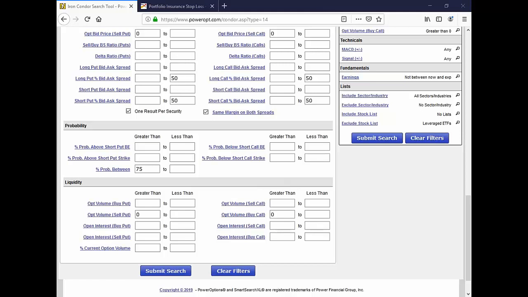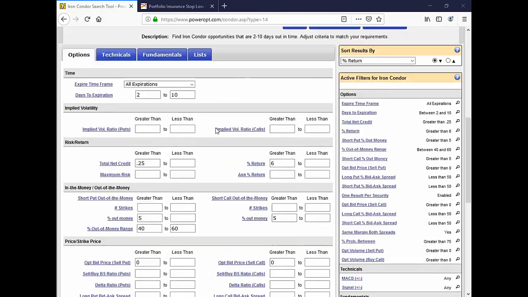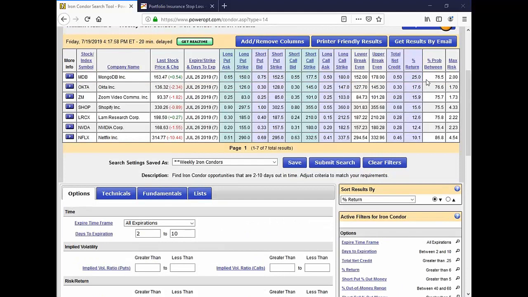So the first thing we have to address, Joe, and you can do this on the side, is to say to yourself, what are your goals for the Iron Condor and what is likely? I don't mean likely. What I really mean is what is practical. So for example, we pull up this default search for spreads that are 1 week out in time.